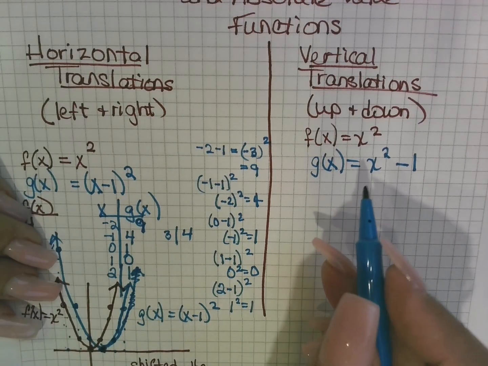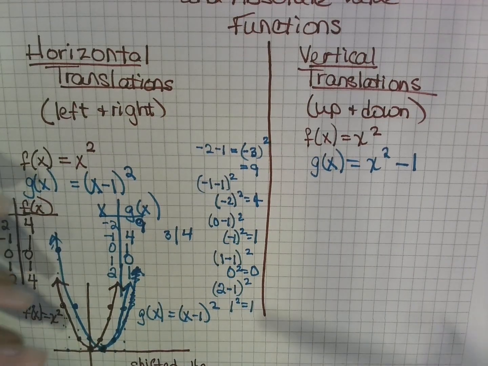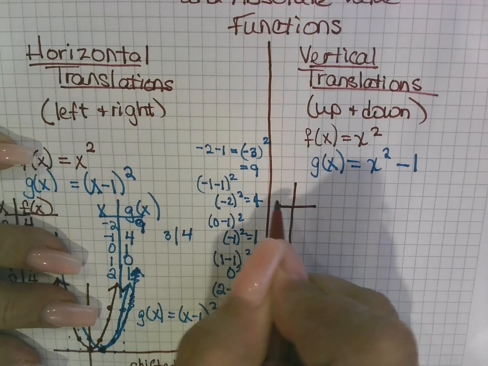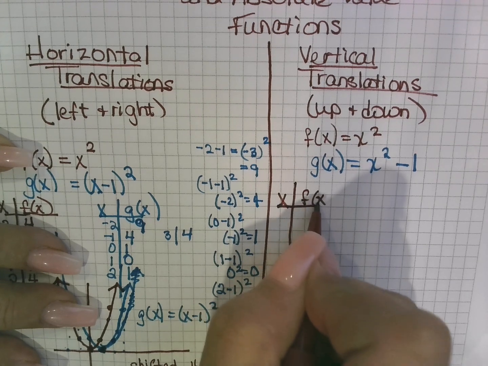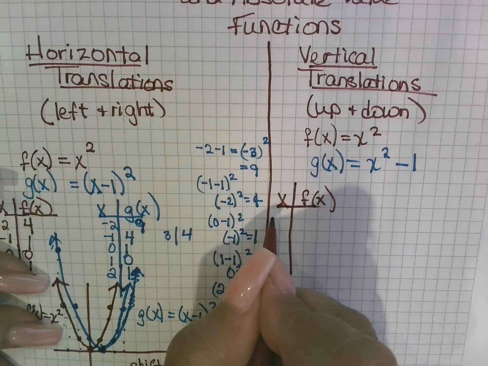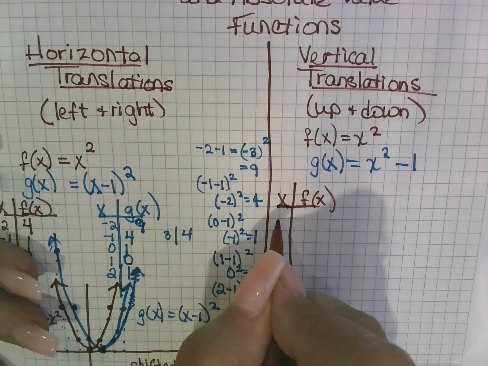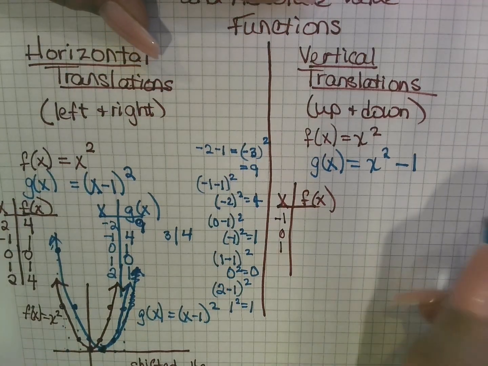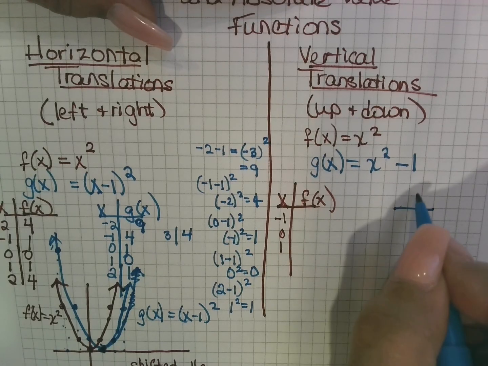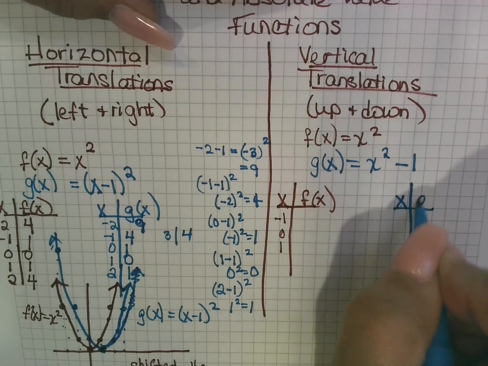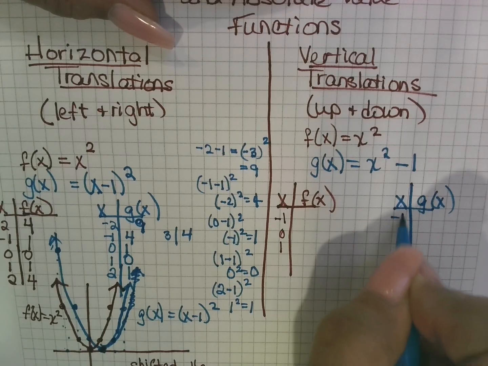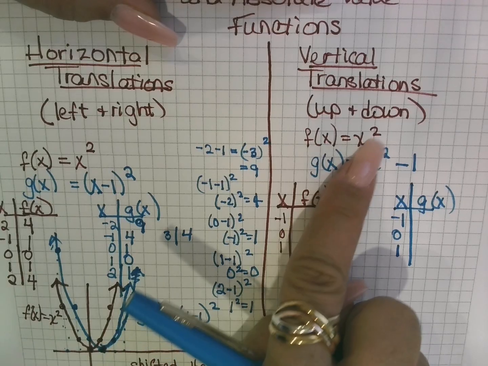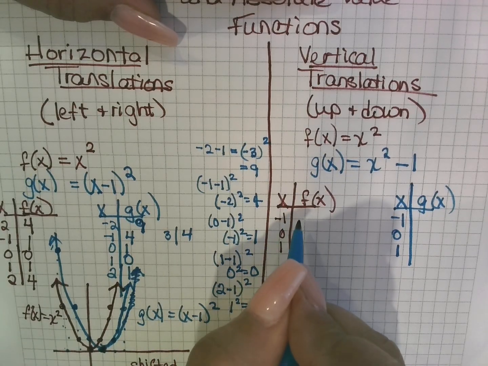All right? So again, we're going to do 2 tables. One for f of x. And I'm just going to pick 3 numbers: -1, 0, and 1. Let's make it easy peasy. Then I'm going to pick the same 3 numbers for g of x and plug them in. If I plug in a -1 here, -1 squared is just +1.